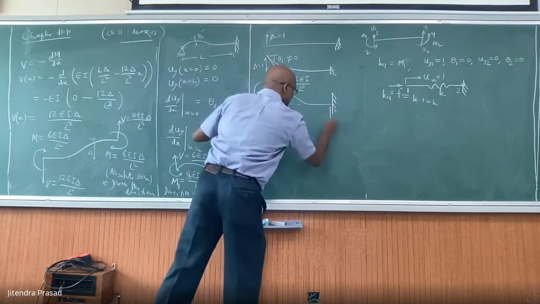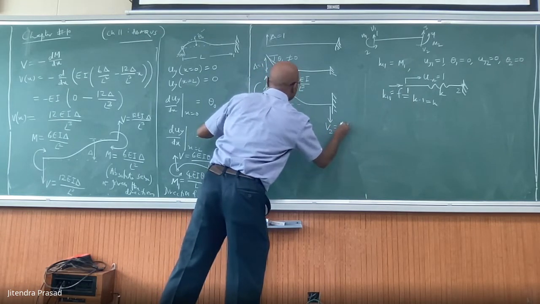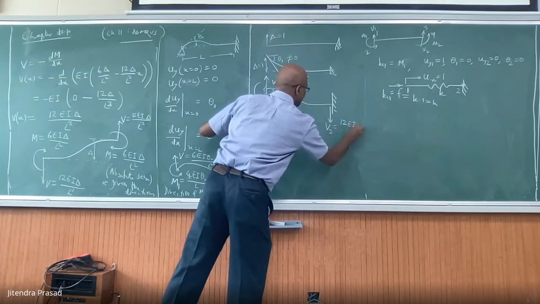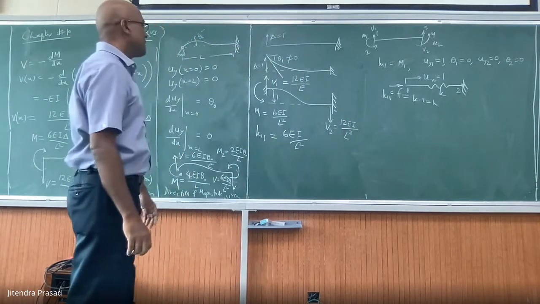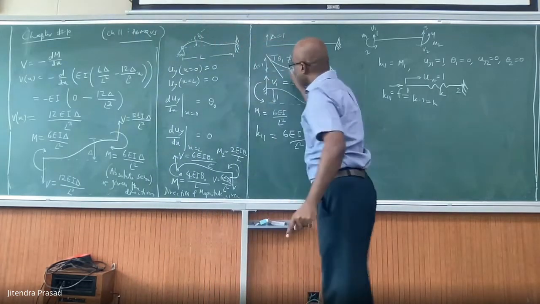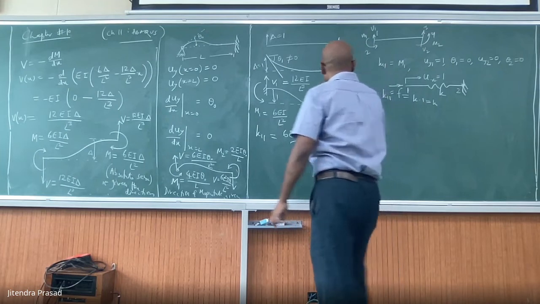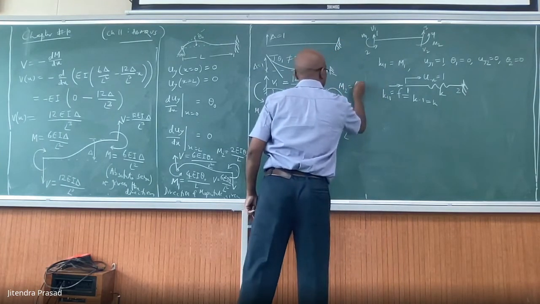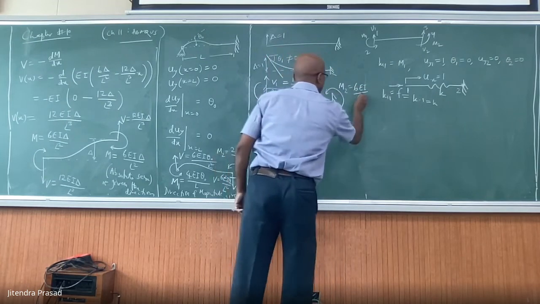Similarly, V2 here will be 12EI over L cube. And then anti-clockwise, here also. So M2 is equal to 6EI over L.